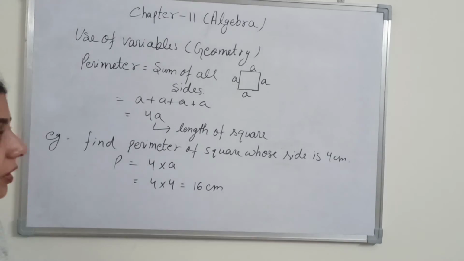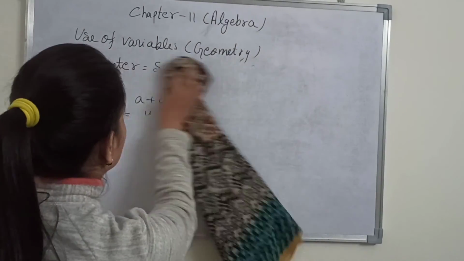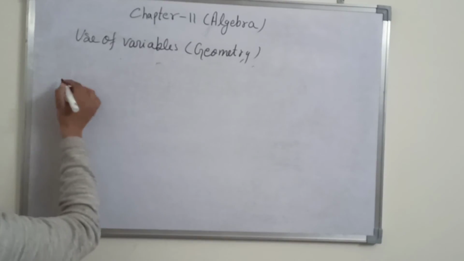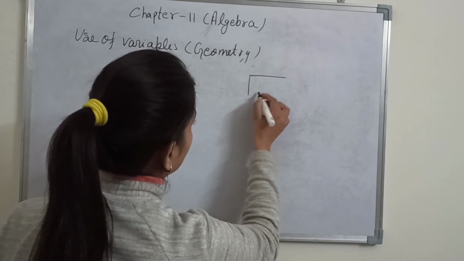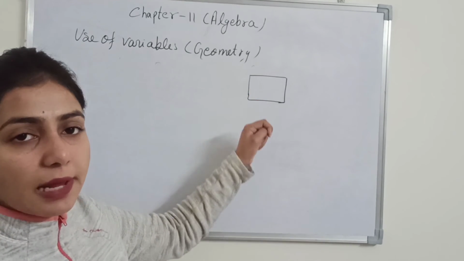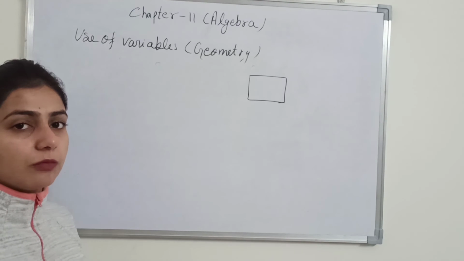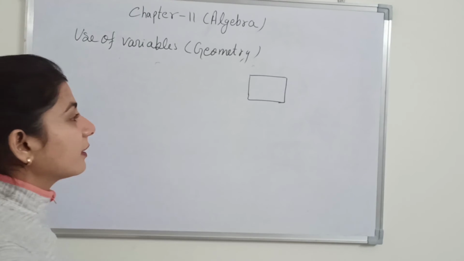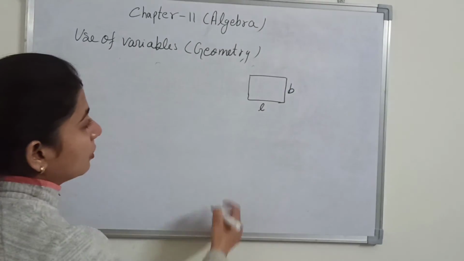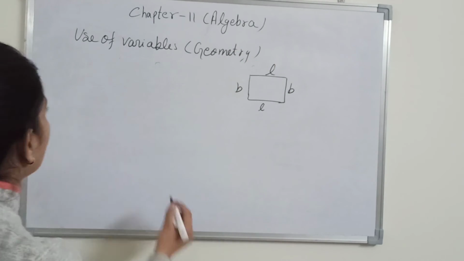Now I want to take one more example. Next is the rectangle. What is this? This is a rectangle because its opposite sides are equal. What is the property of a rectangle? We know opposite sides are equal in a rectangle. Suppose its length is L and breadth is B. So this side is also L and this one is also B, because opposite sides are equal.